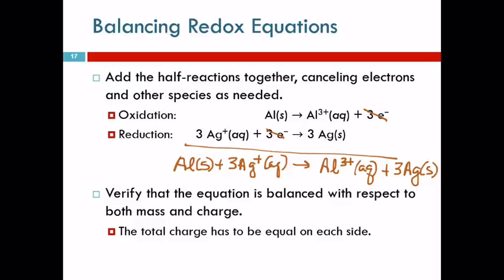Then you should always double check. We've got 1 aluminum, 3 silvers, 3 silvers. Total charge on the right side is plus 3. Total charge on the left side is plus 3. This one you could have balanced by inspection, but some of them you can't. Any questions?